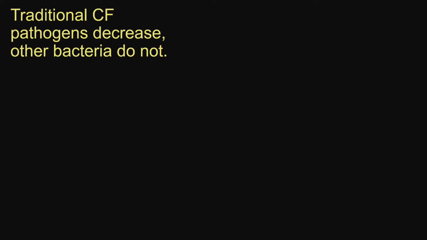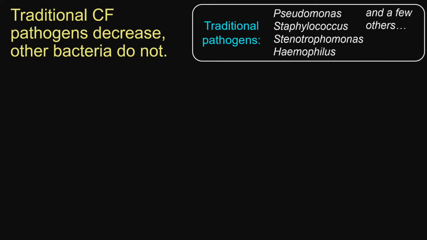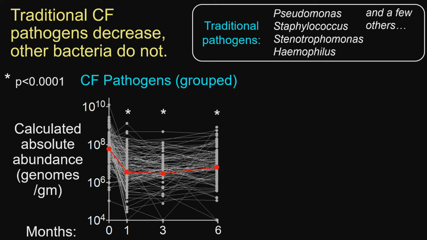But while these traditional pathogens show marked reductions, other bacteria found in the sputum do not. And so we often think, or in the past thought, about the traditional pathogens in CF being these organisms: Pseudomonas, Staph, Steno, Haemophilus, and a few others. Recent microbiome work has shown that there is a large number of other organisms that can be detected in the sputum using DNA-based methods.